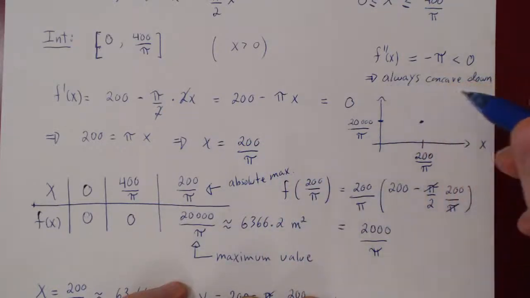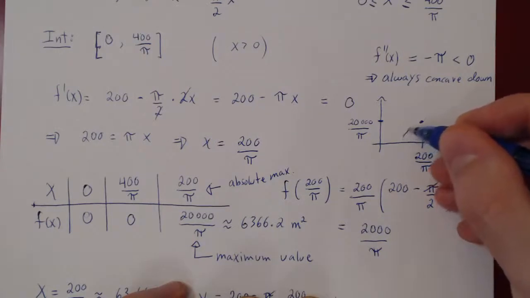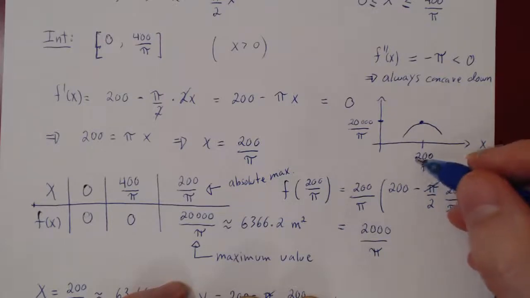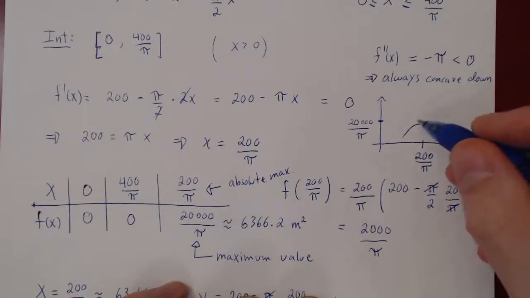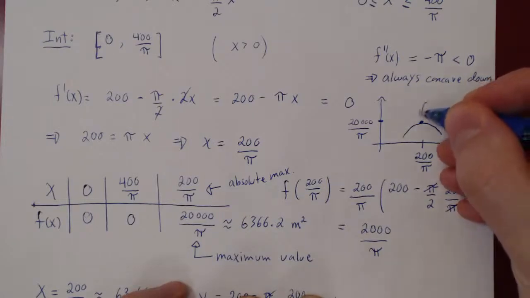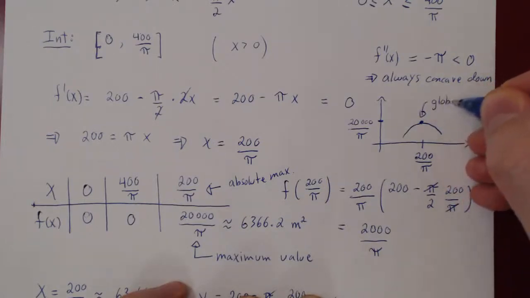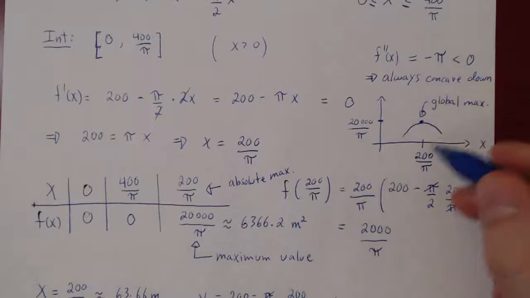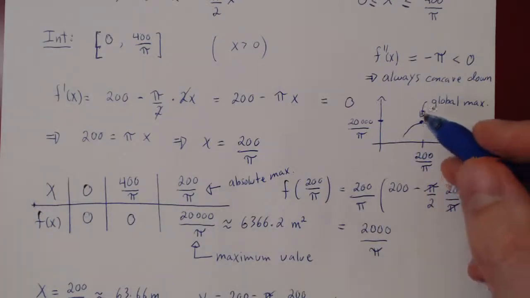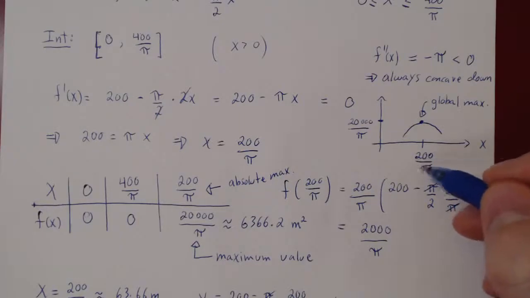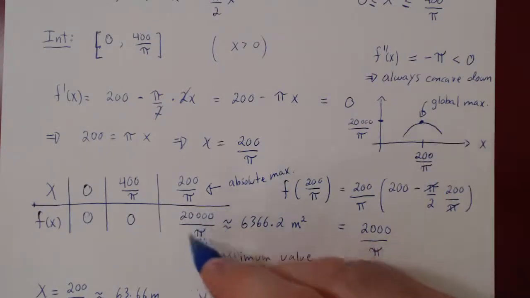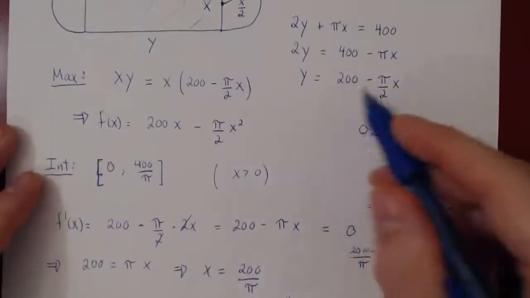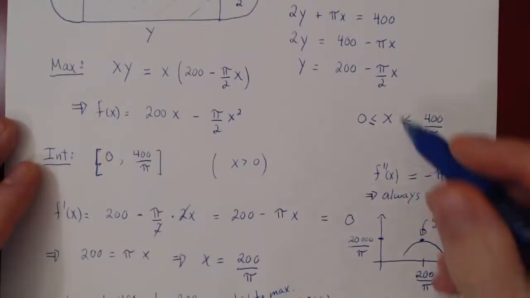And because the curve is always concave down, you know that the graph will look like this forever. And so indeed the value x equals 200 over pi is your absolute maximum. Or if you prefer, your global maximum, same thing. And you see that you have a rough sketch of the graph of the function, and you still have found that this value of x gives you the maximum possible value of the function, and then again you can solve for the y value, going back to this equality, replacing x by 200 over pi.